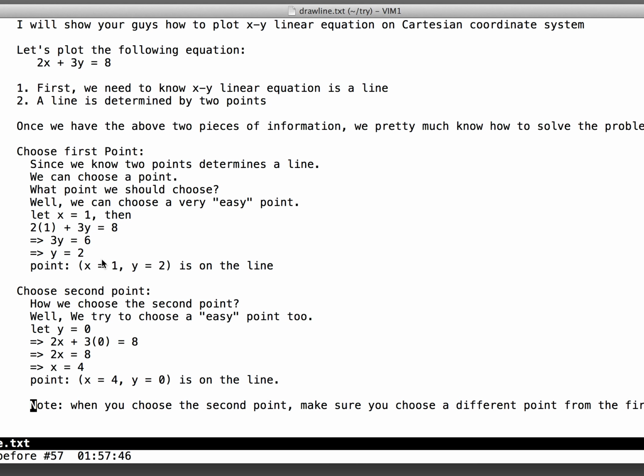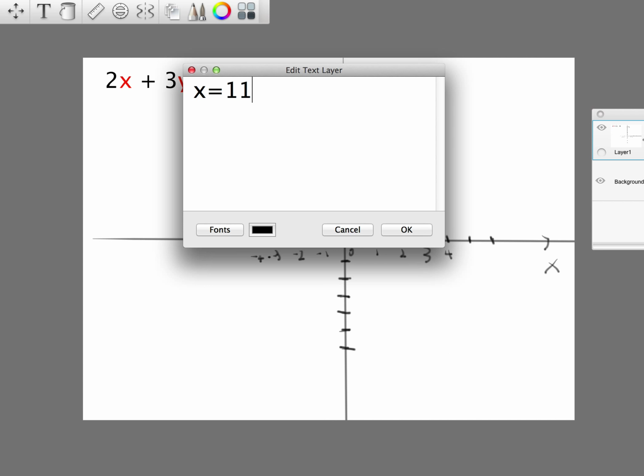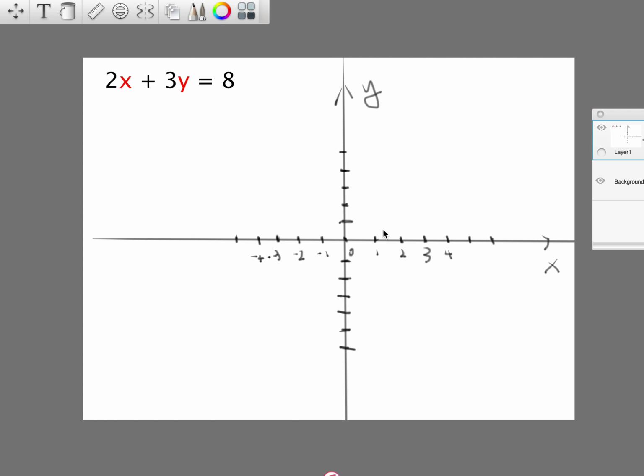We know point 1 is x equal to 1, y equal to 2, and point 2 is x equal to 4, y equal to 0. These 2 points are on this line.